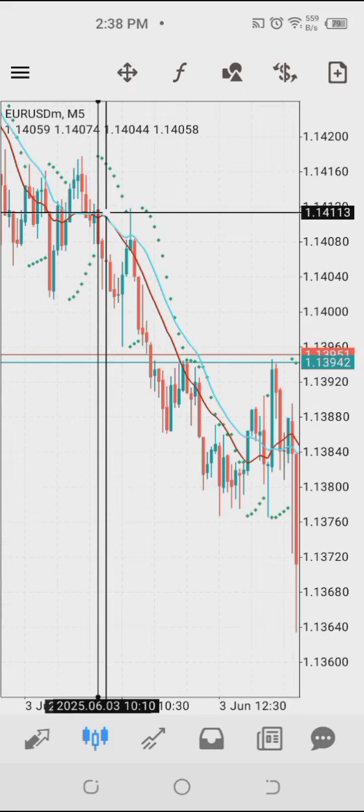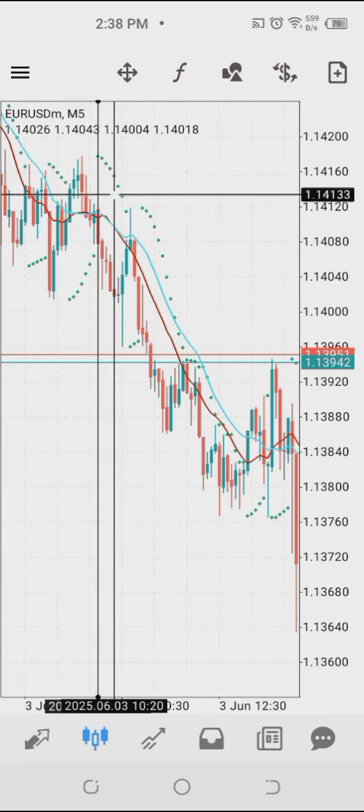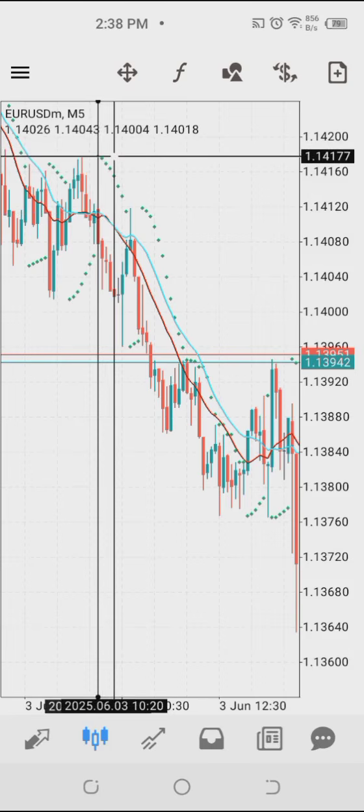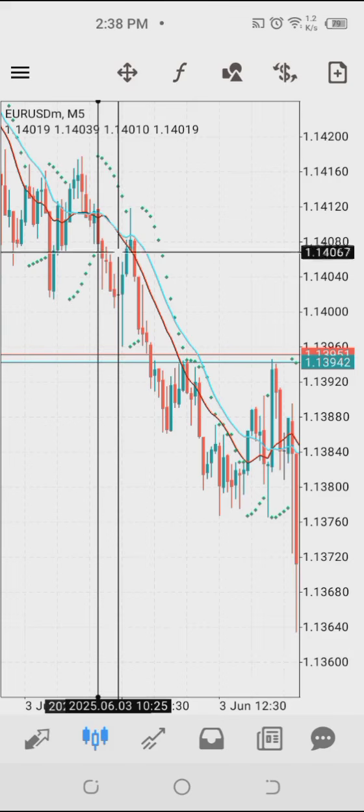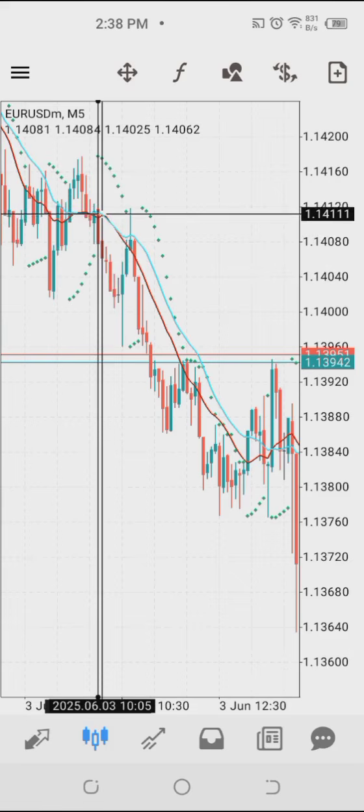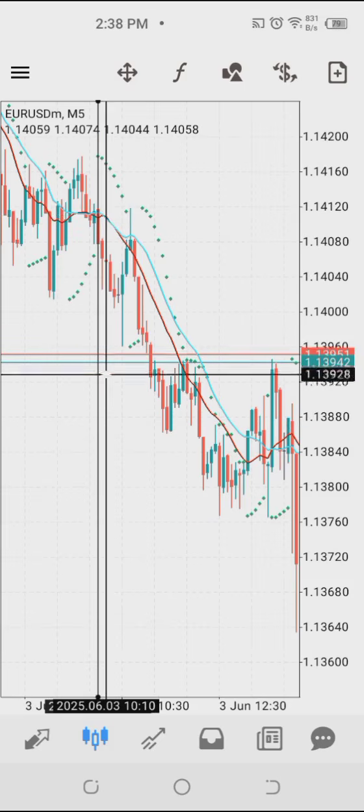You would have entered the trade here, and with a stop loss, this is 14.11, and this is 14.17. So that's like a stop loss of 6 pips, and let's see how much we would have made, how far the thing dropped. So this is 14.11 and it kept dropping.